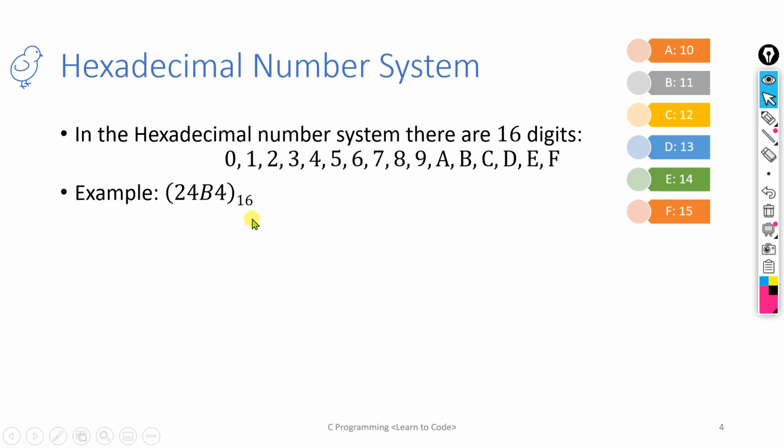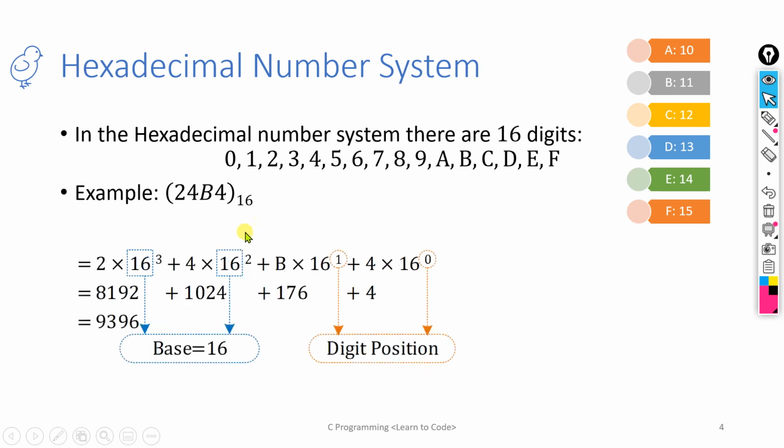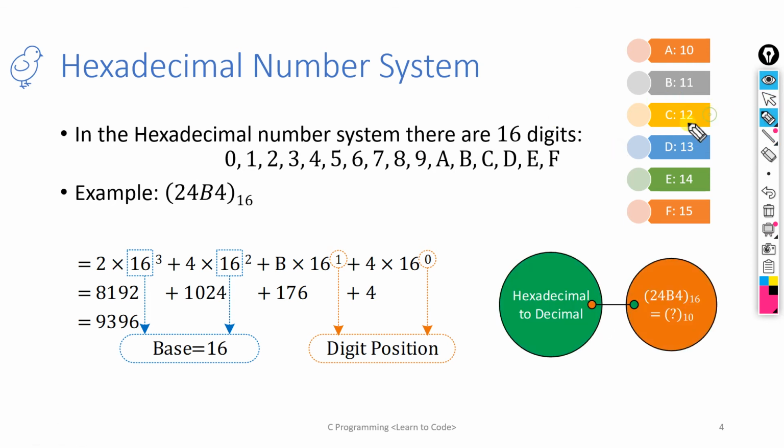Okay. Let us take the similar rule as we have already followed. If we try to multiply the digit into the base to the power of the position, then whatever we will get will be the decimal equivalent of this particular number. Okay, so let me clearly mention it to you.